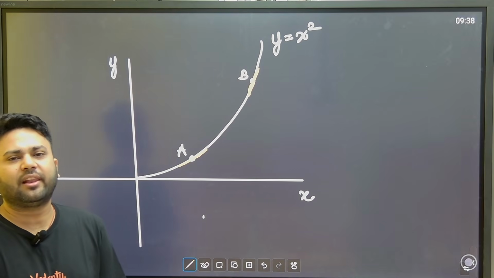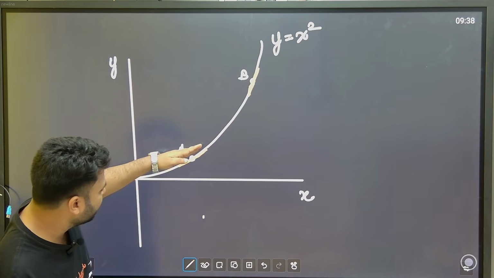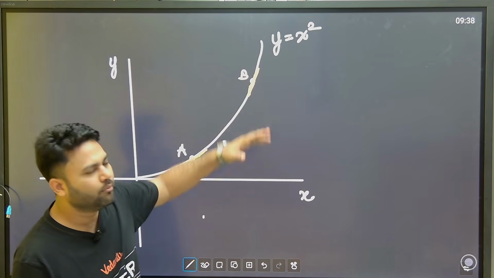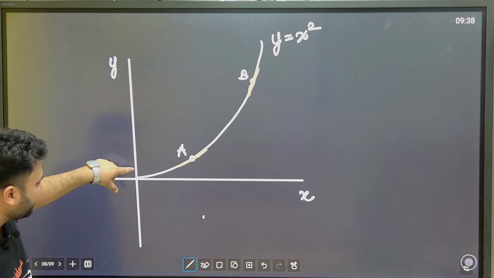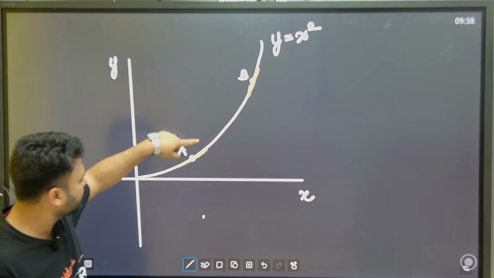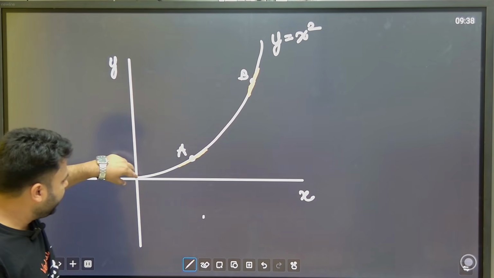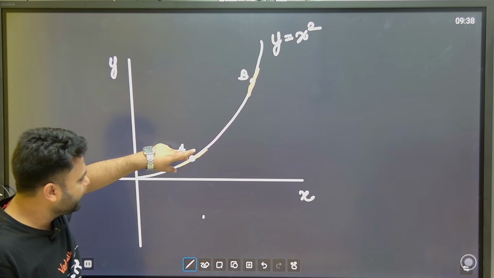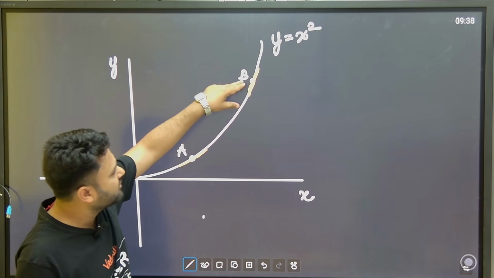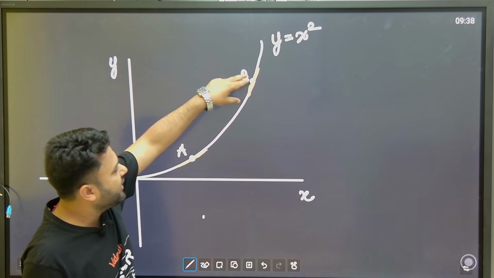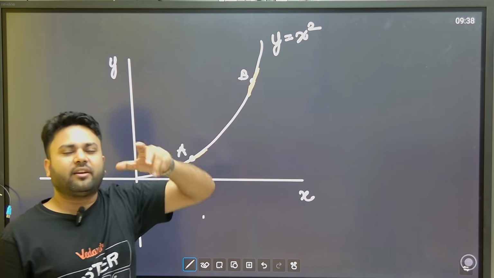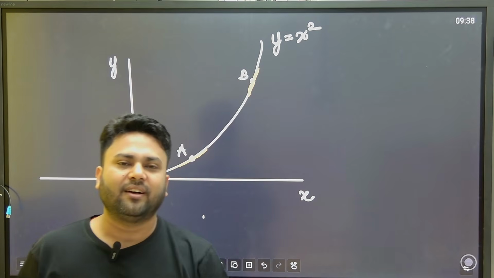Imagine you are riding a bicycle on this path. The difficulty level is increasing, and here it is maximum. You won't be able to ride a bicycle here. So where the difficulty level is high, the slope is high.